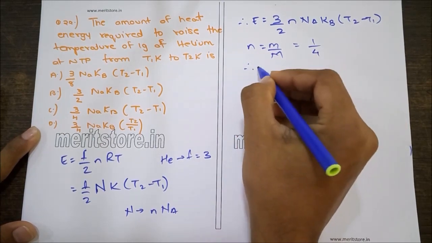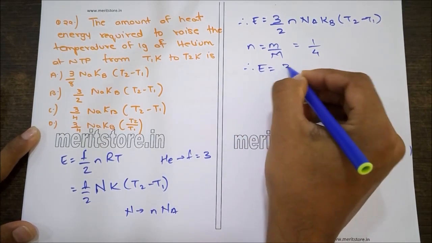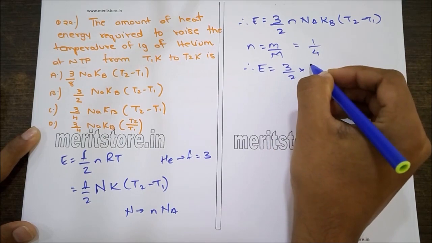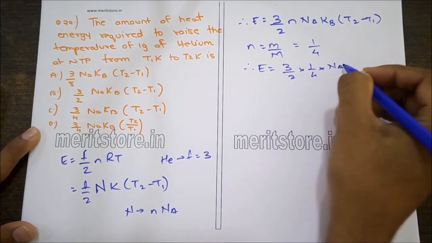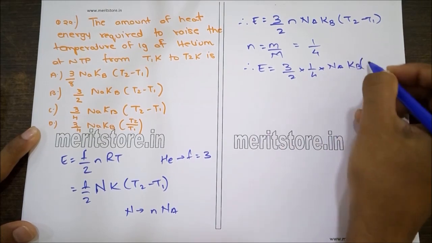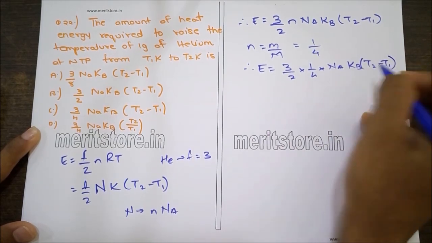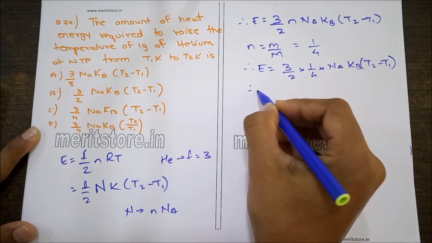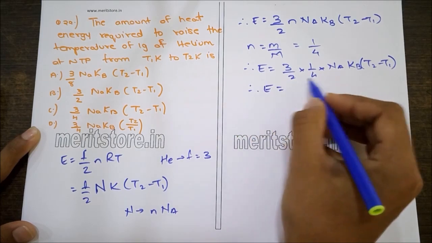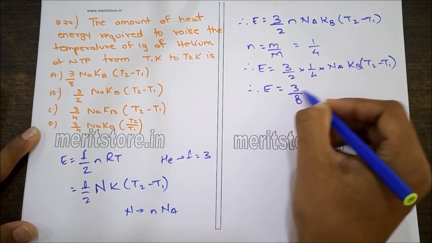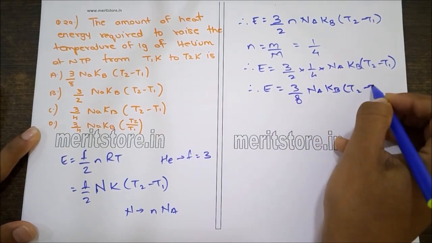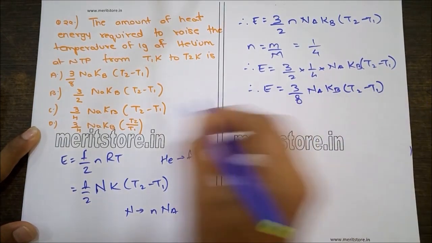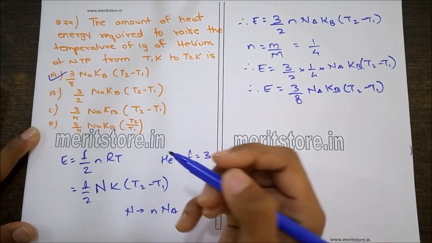So the value of E can now be written as 3 upon 2 into 1 by 4 times Na Kb into T2 minus T1. So E is equal to 3 by 8 Na Kb times T2 minus T1. So option A is the correct answer.